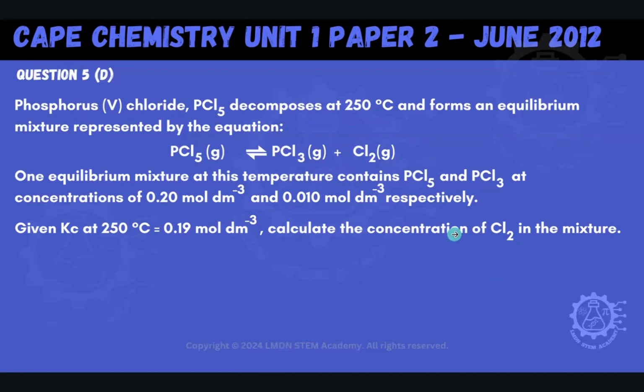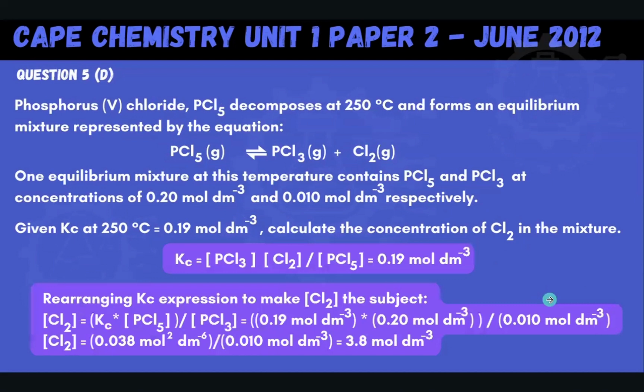Okay? So first, in order to do this, we're going to have to write our equilibrium expression. We're going to have to write our Kc for this equilibrium first and foremost. So we write our Kc, we're going to write the concentration of our products over the concentration of our reactant, and set that equal to 0.19 mole per dm cube because that's the value of our Kc, okay? And so what we need to do, because we want to find the concentration of Cl2, is rearrange this whole thing, making Cl2 the subject.